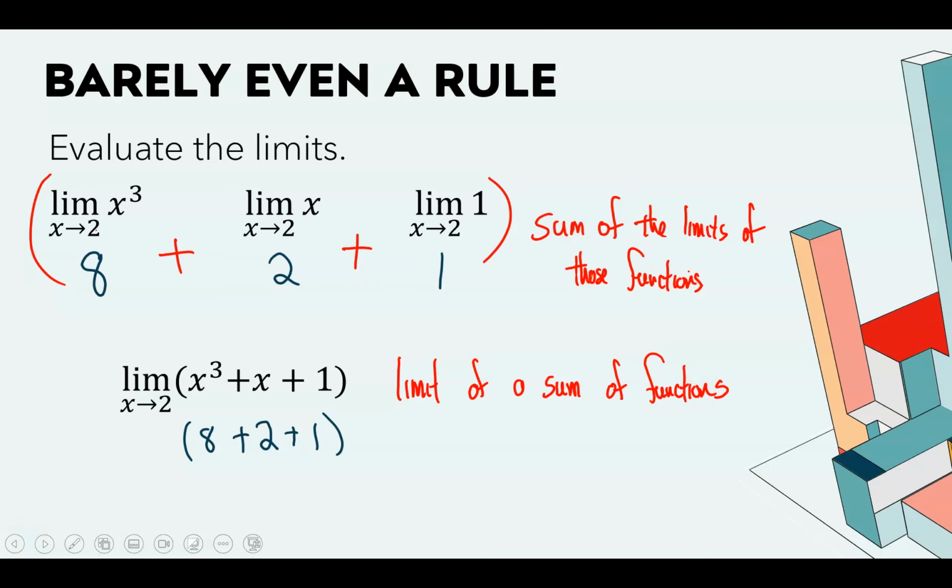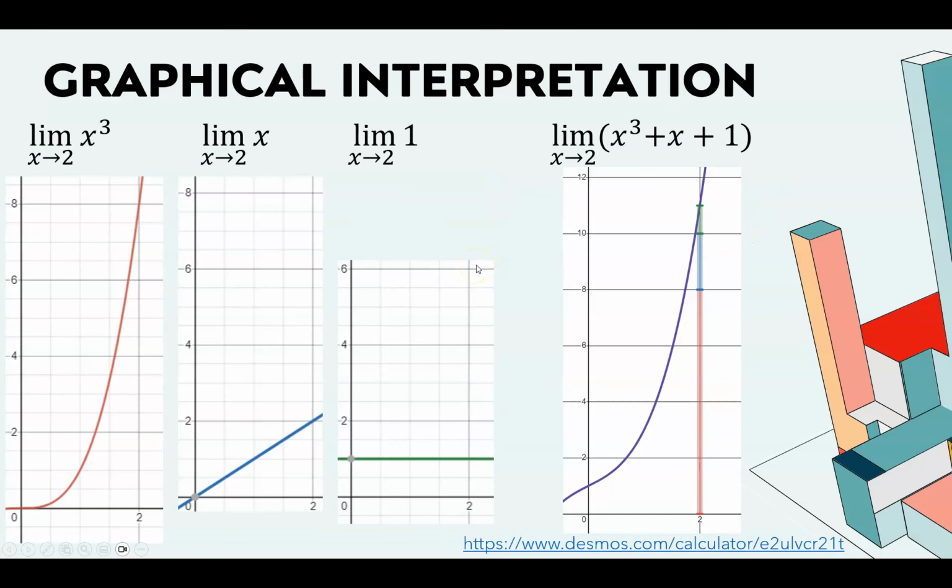And that's not just clever wordplay. That actually tells you the difference. So if you need to add up a whole bunch of limits, you could also instead just add up the functions and then do the limit at the end. You'll get that.